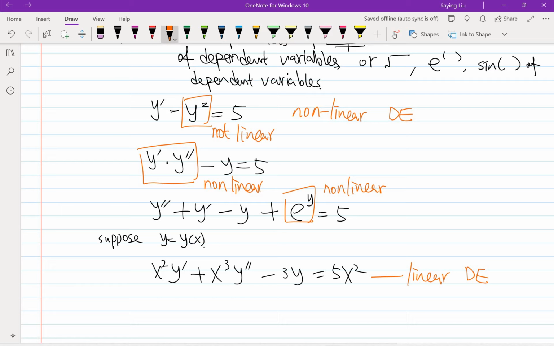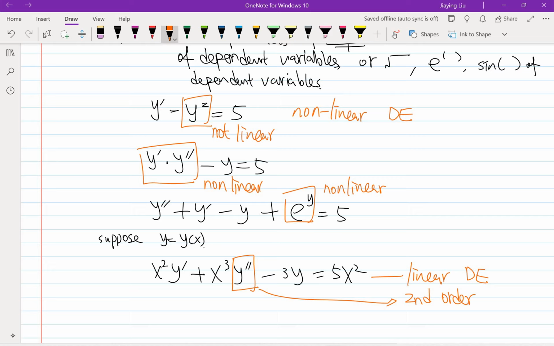What's the order of that equation? 2. Second order, right? So this is a second order because of this part. And obviously this is an ODE because there's only one independent variable, which is x. You can tell by looking at the derivative.